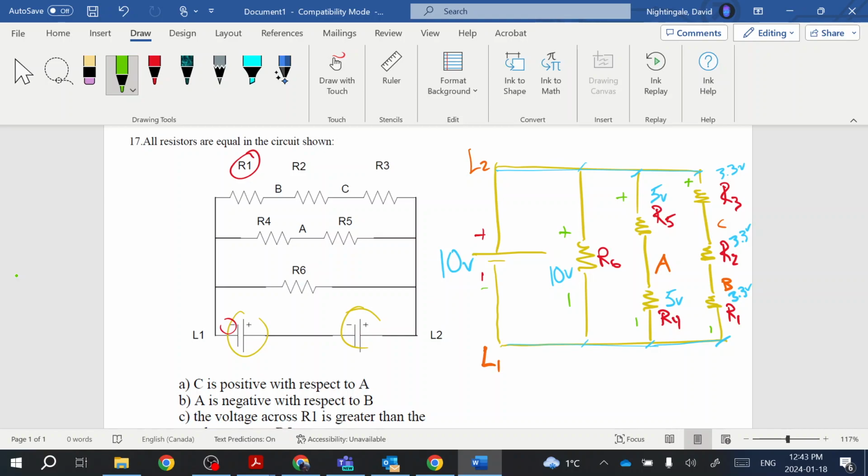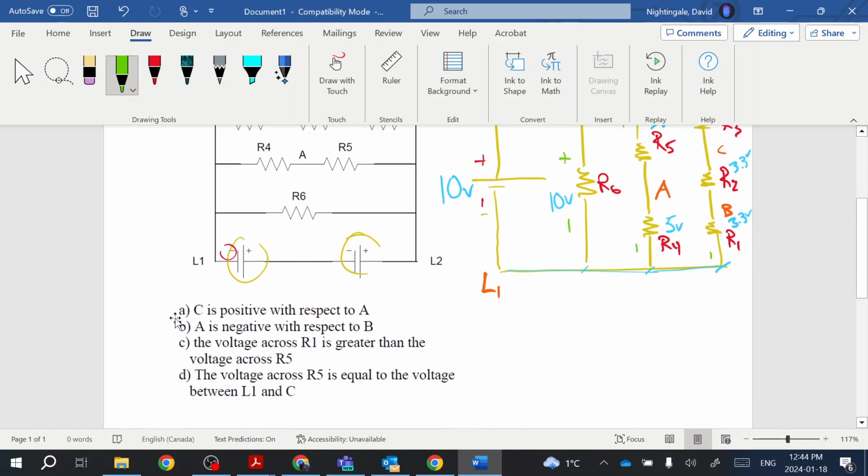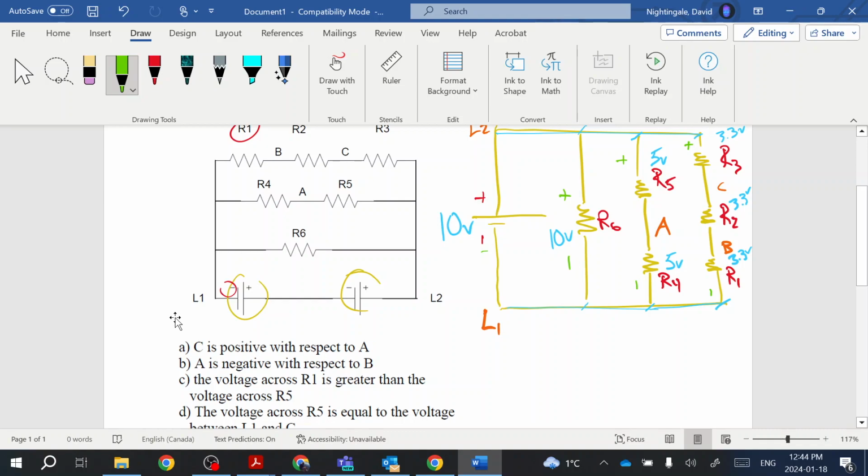Okay. So now let's go through the different options that it gives us. So A: C is positive with respect to A. All right, so point C here is more positive than point A here.